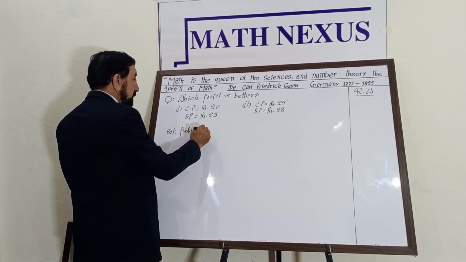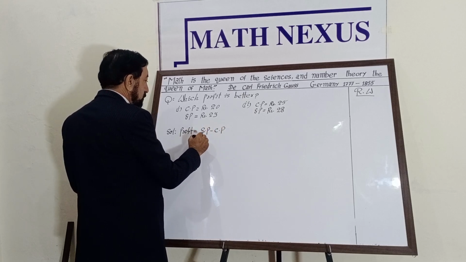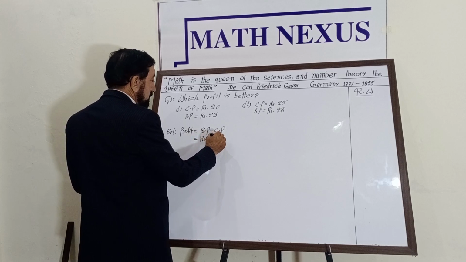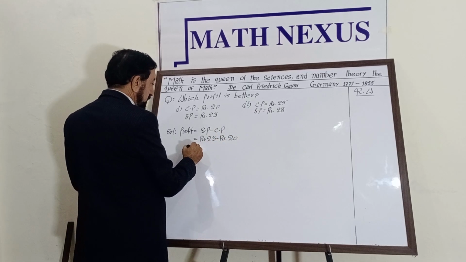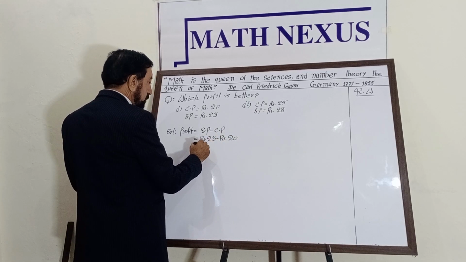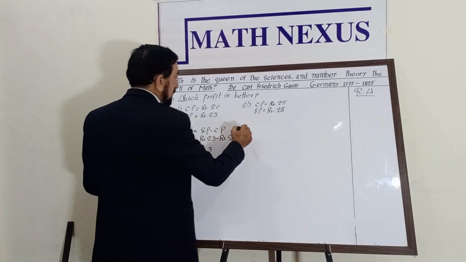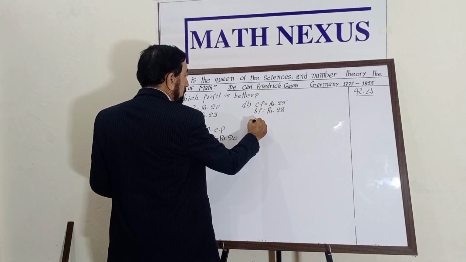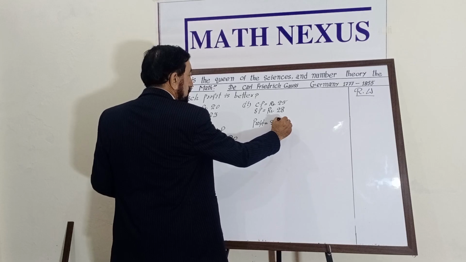Profit is equal to sale price minus cost price, which is 23 minus 20, equal to rupees 3. Second, profit is equal to sale price minus cost price.